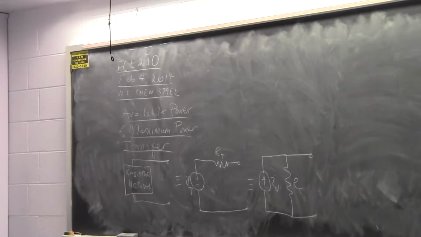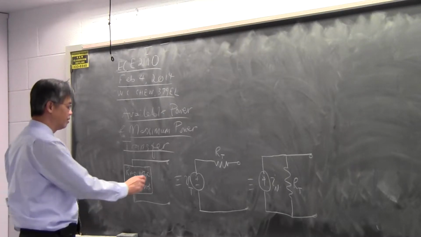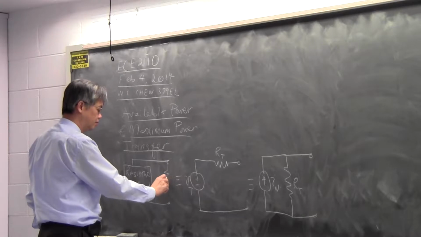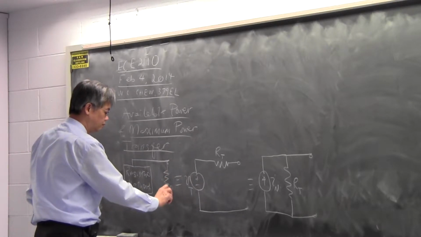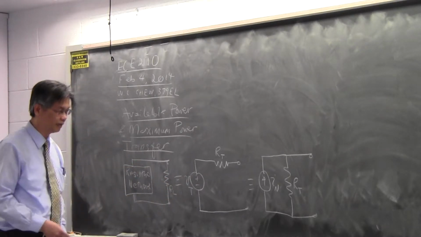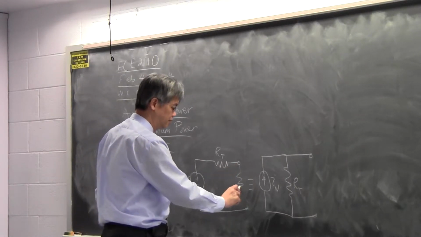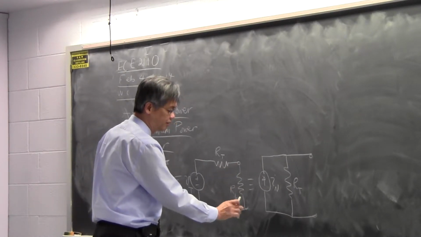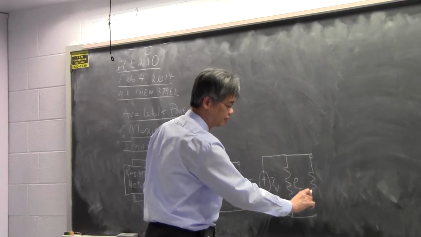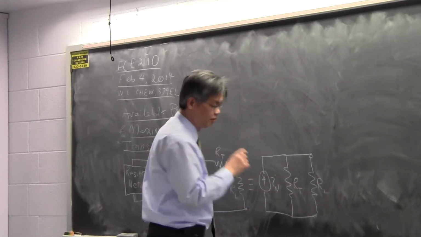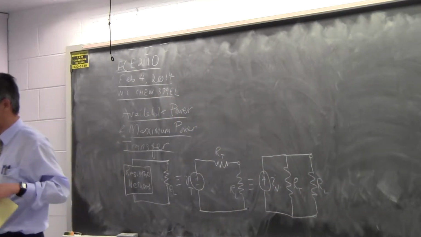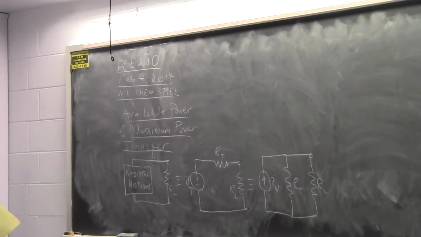Say if I ask you the question that if I were to hook a load to this circuit network, it can be hooked to this one, a resistor which is used as a load. This resistor could, for example, be your microphone or loudspeaker, and it's hooked to some electronic network.